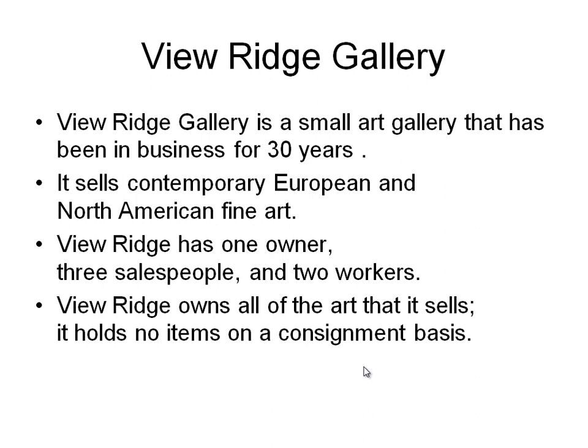It sells contemporary European and North American fine art. The gallery has one owner, 3 salespeople, and 2 workers. It owns all of the art that it sells. It holds no items on a consignment basis.